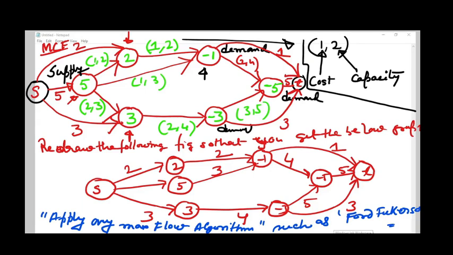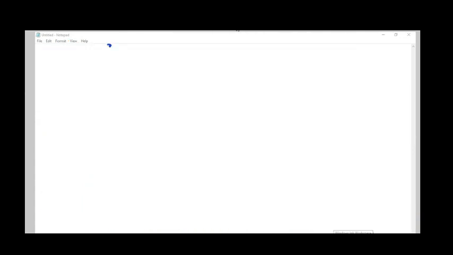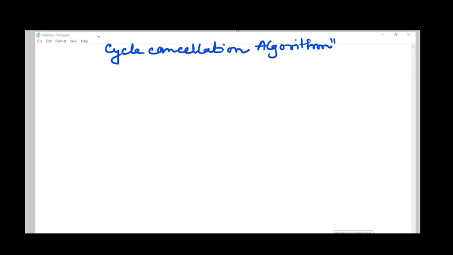But our topic is cycle cancellation algorithm. While doing that, you can have a cycle, a negative cycle. So first of all, we have to understand what happens. Any doubts?